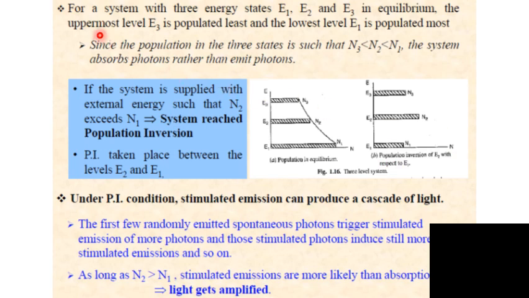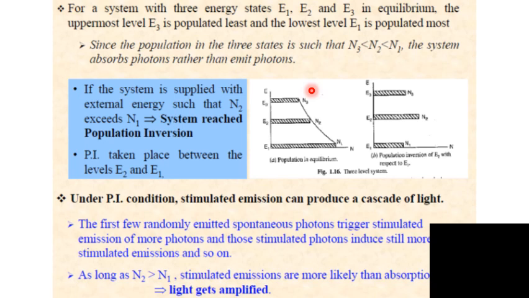Here we have a system with three energy states, E1, E2, and E3. In equilibrium, the uppermost level E3 is populated least and the lowest energy level is populated most. Because at thermal equilibrium, as we have seen with Boltzmann, the lowest energy level always has a high population.